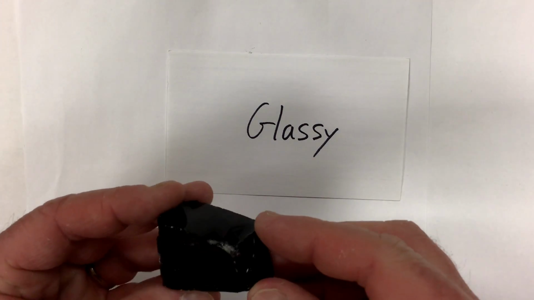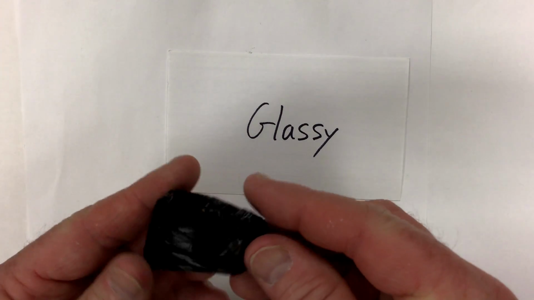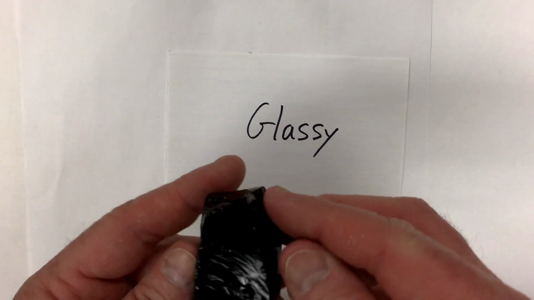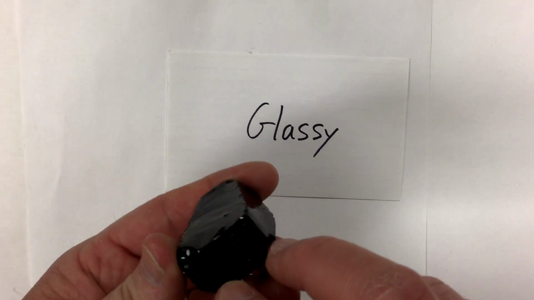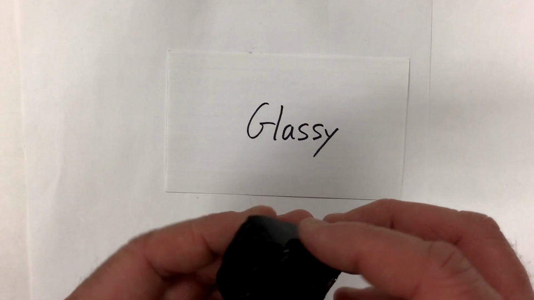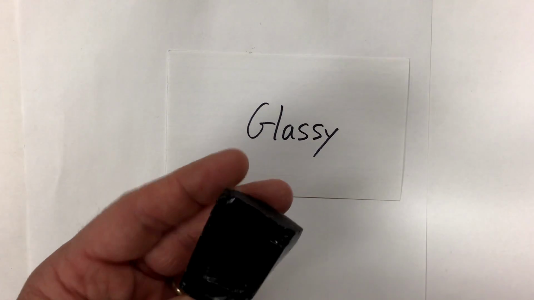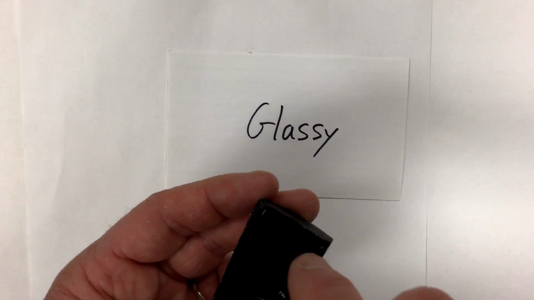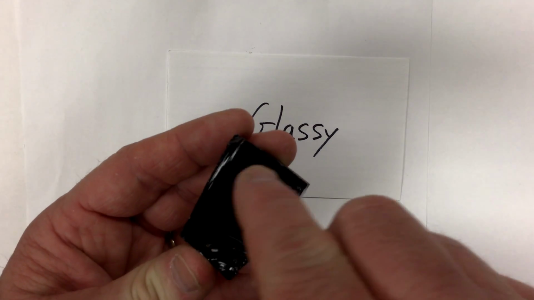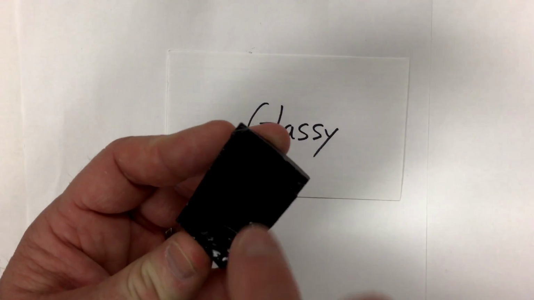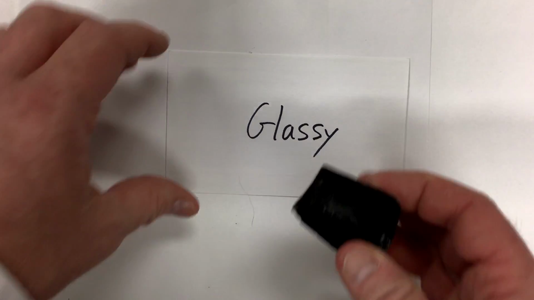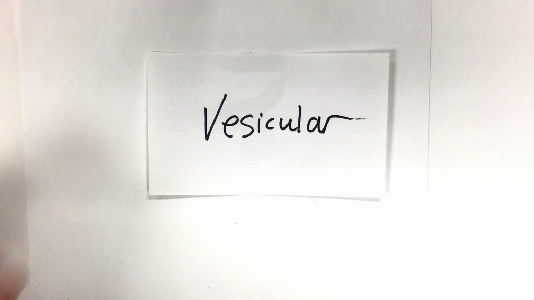One of the things you get with glass is what is known as a conchoidal fracture. I don't see any really good ones on here, except maybe you can see this arcing. That is the conchoidal fracture, like the chips that you get in regular glass. And then the last one is vesicular.